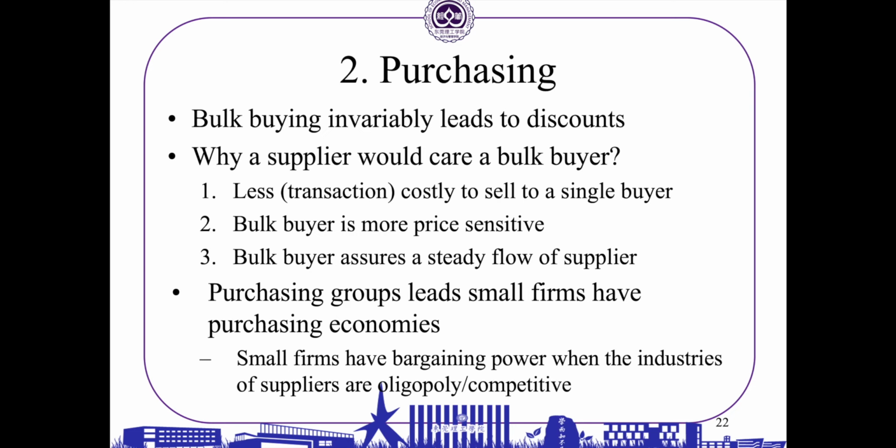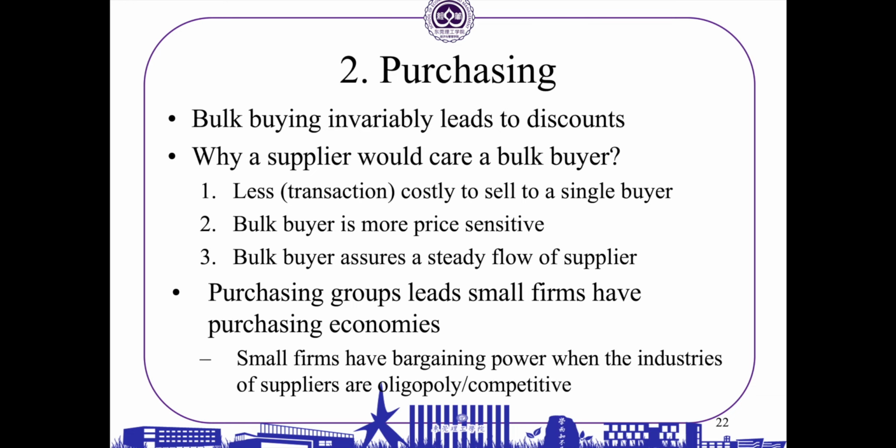Bulk buying, which means you buy a large amount of something, always leads to a discount. This is an argument about purchasing power or bargaining power, but there is something loose in this reasoning. If the supplier was a monopoly, he or she might not care whether she sold 100 units to a customer or 10 units to 10 customers.